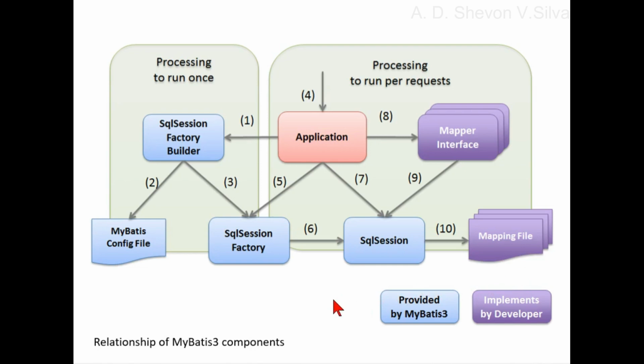The flow by which main components of MyBatis3 access the database is explained here. The process for accessing database can be broadly divided into two types. Processes that are performed at the start of the application: processes 1 to 3 mentioned here correspond to this type.